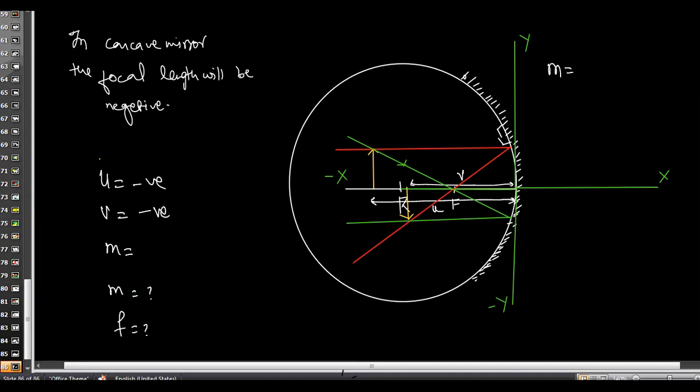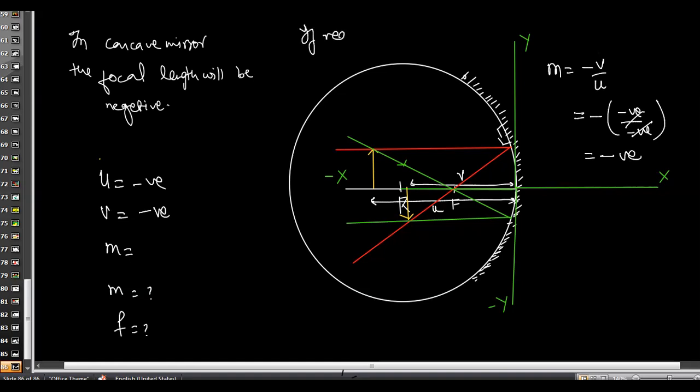M is equal to minus v by u. So you have v, this minus sign is from the formula, and you have v as negative, and you have u also as negative. When it is negative over negative, it will cancel out, and you will have the overall sign as negative.